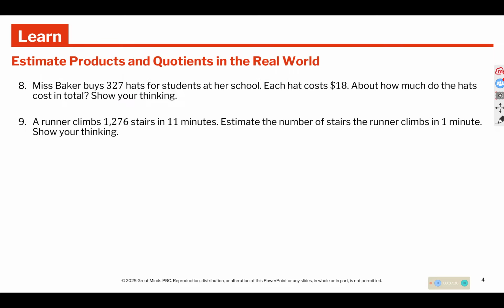Miss Baker buys 327 hats for students at her school. Each hat costs $18. About how much do the hats cost in total? Show your thinking. This word each is a tricky word in word problems because it could mean multiply or divide.